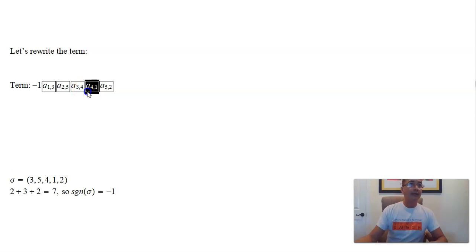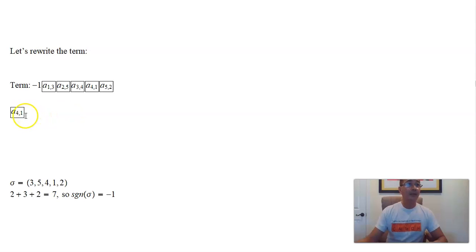What if we rearrange it so that the columns are in increasing order? So this is the entry from column 1. This is the entry from column 2. And then from column 3, the first factor, and then column 4, there we go, and column 5.